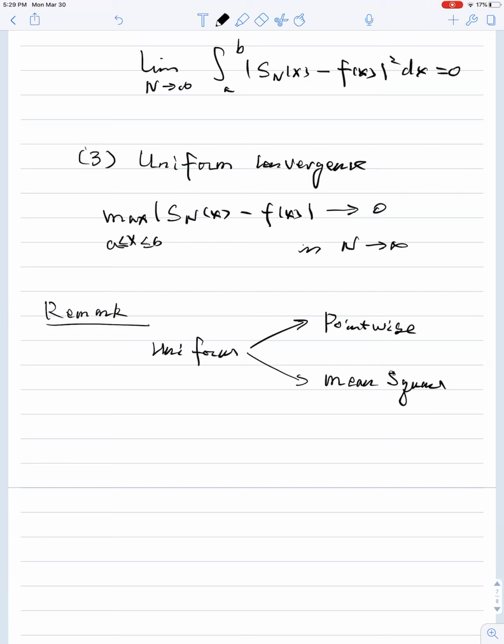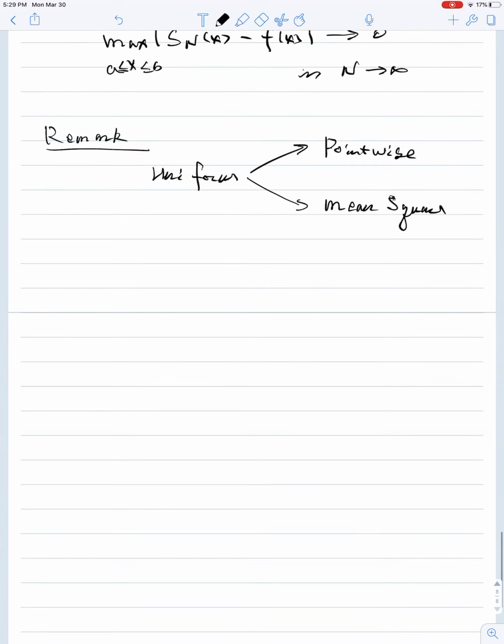So let's look at an example here. Example 2, not example 3 already.